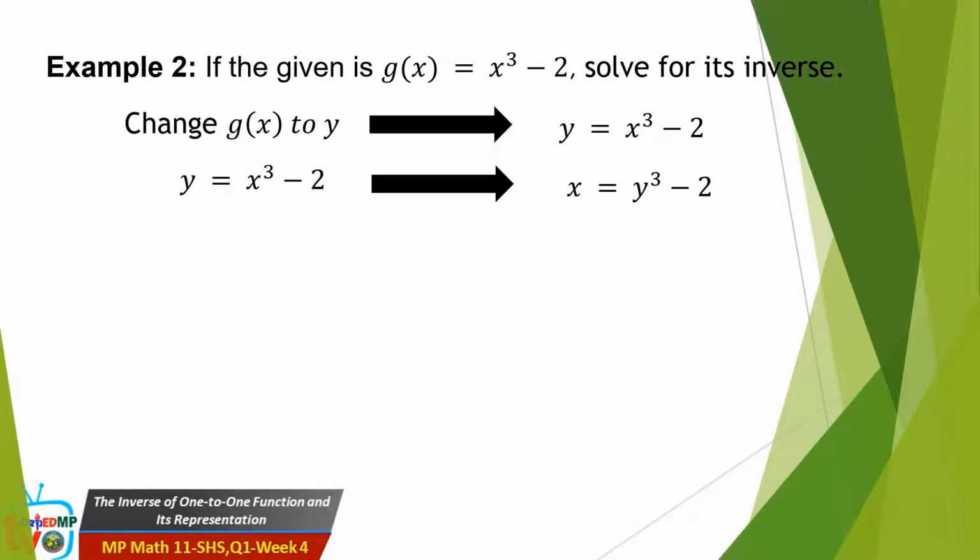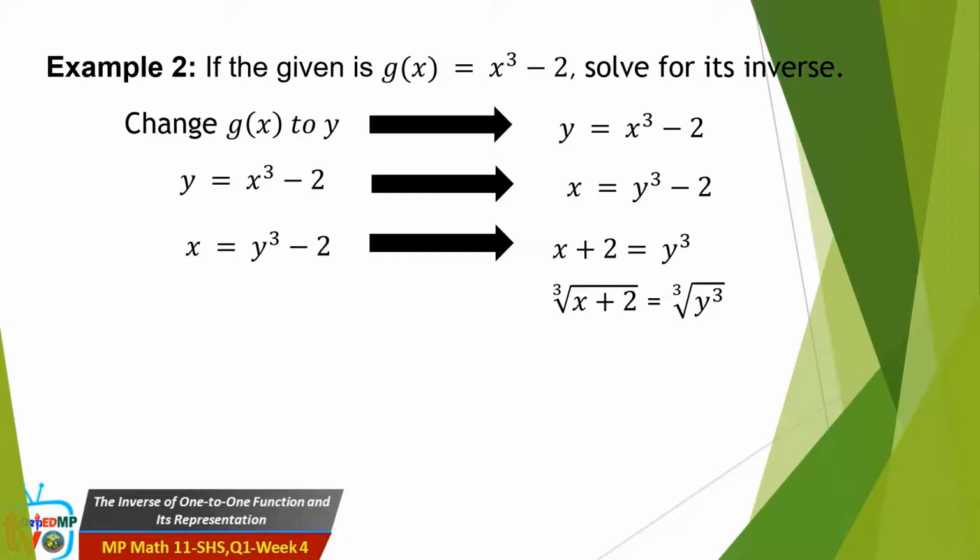And the last step is, you are going to simplify x which is equal to y cubed minus 2 by transposing -2 at the left side of the expression. So x plus 2 is equal to y cubed. To solve for y in terms of x, you have to eliminate y cubed by applying cube root on both sides of the expression.